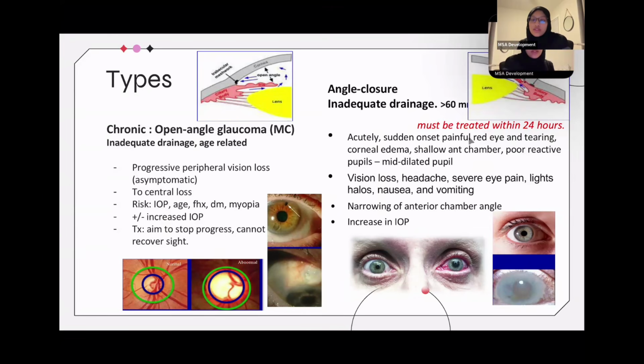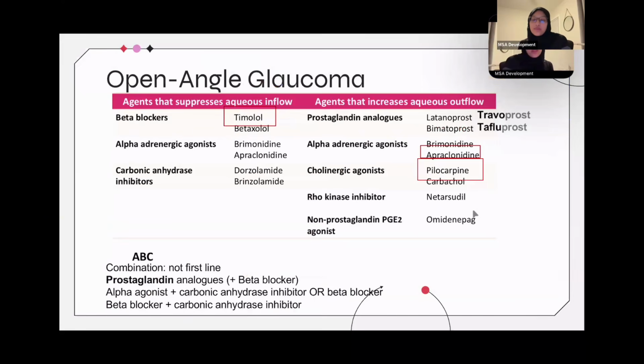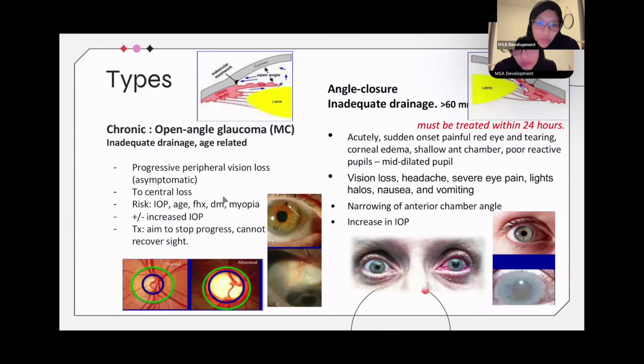They will also have headache, severe eye pain, lights, halos, nausea, vomiting, everything that increases with intraocular pressure. Intracranial pressure is the same thing here, and it's a very narrow angle. So be very careful. Now, the treatment for both of these is very different.